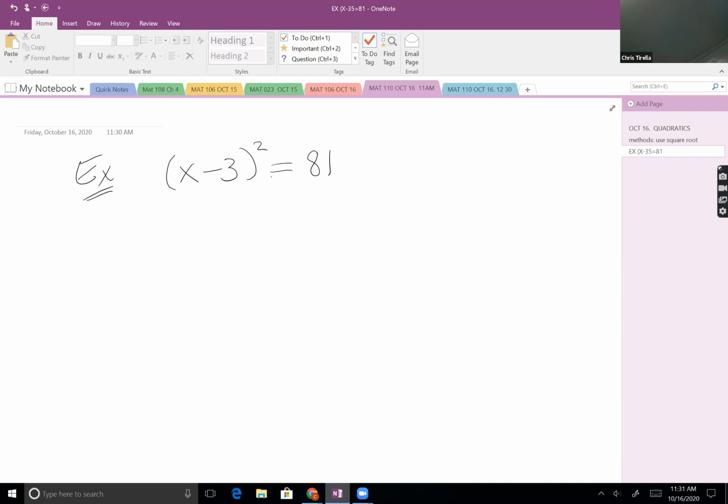However, this time, if I use the square root property, does everybody see that what I have on the left is a perfect square?